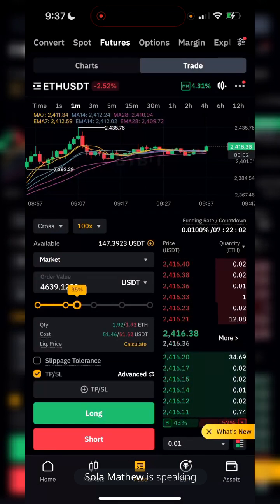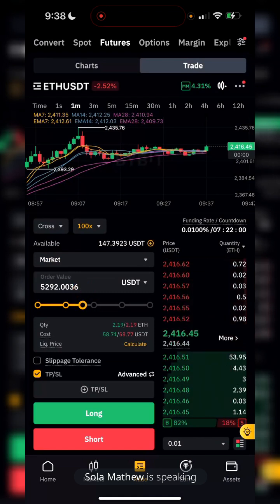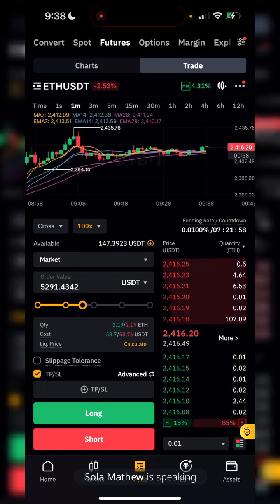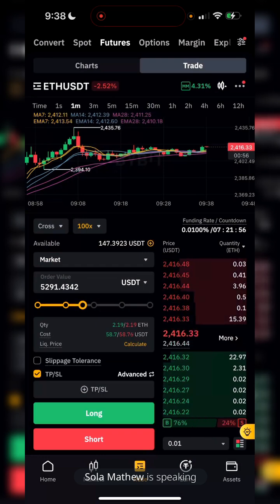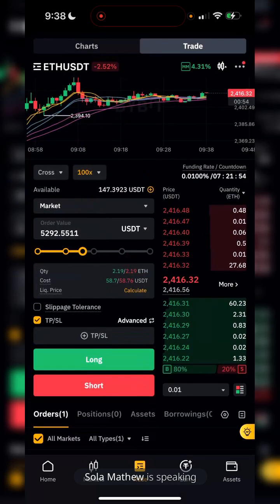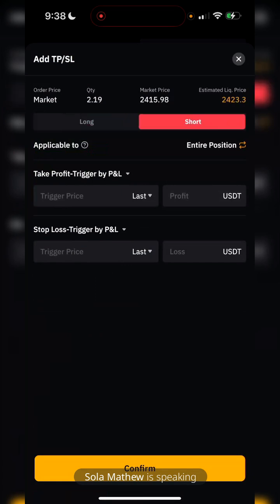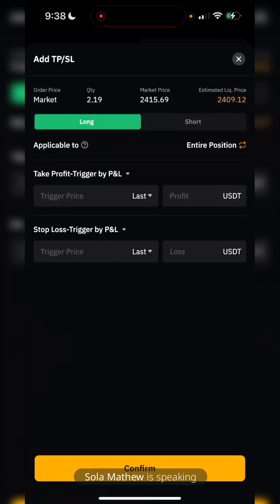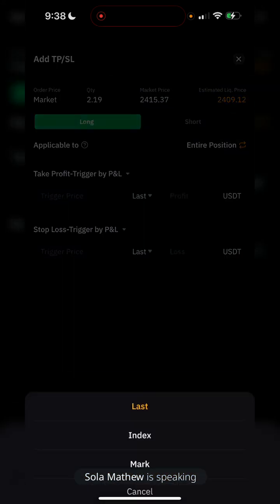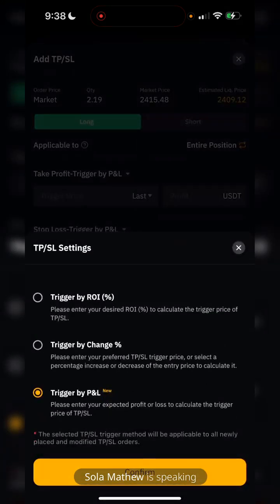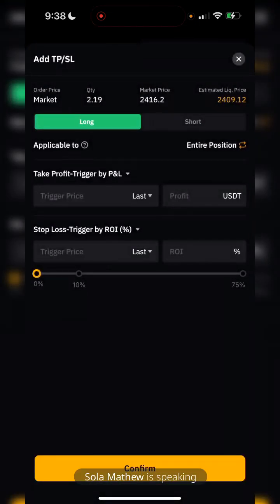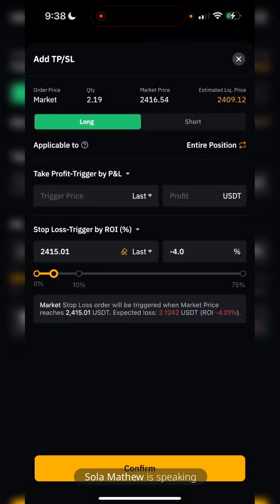So let's say that I just pick one. Now I'm not calculating, I'm just using general knowledge. Then we'll come to stop loss. I'll say I want the stop loss because I want to long it. Let me change this to percentage so that I can be able to adjust it.